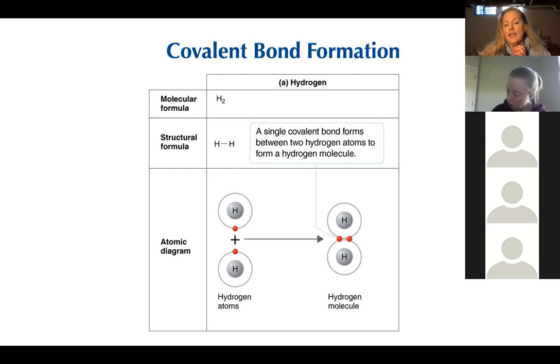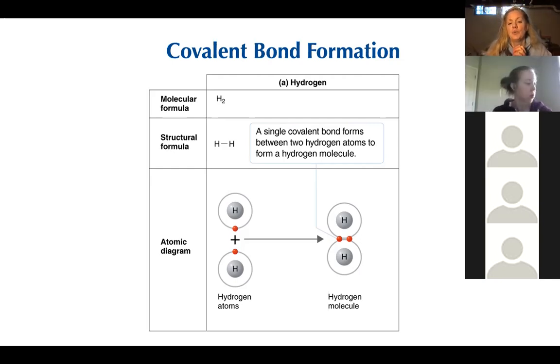But hydrogen also acts differently when it gets around another hydrogen. When you have two hydrogens and they're exactly the same, is one going to give up one electron over to another hydrogen? And are you going to have an H plus forming a bond with an H minus?